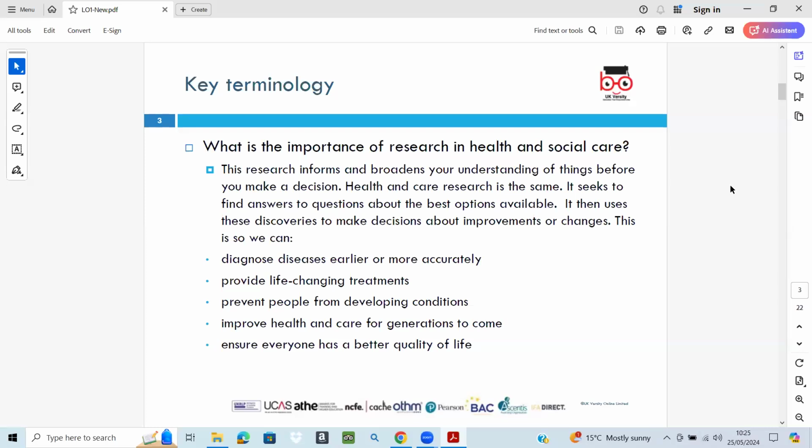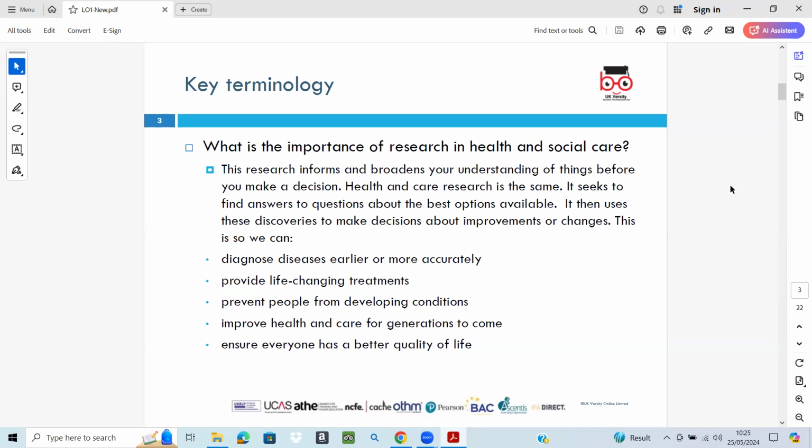Now, we will discuss some important points. We have informing decision making. Research helps in gathering accurate information and evidence, which assists professionals in making informed decisions.